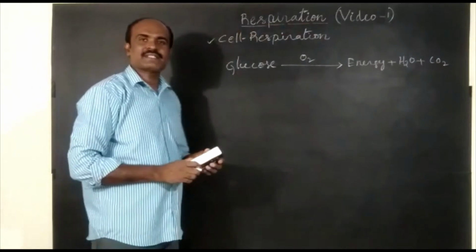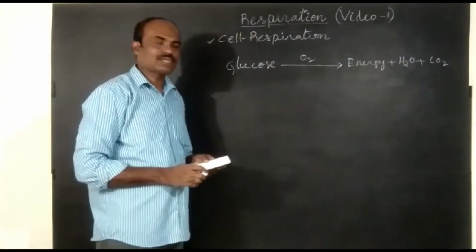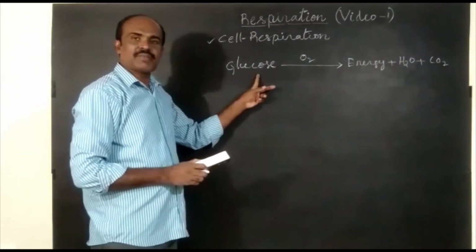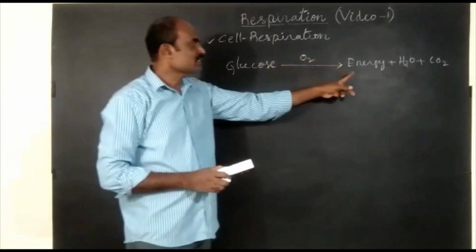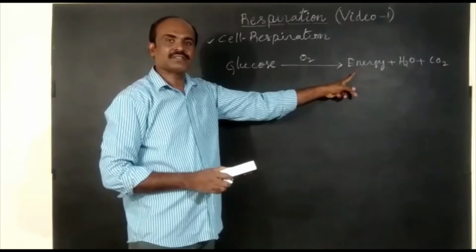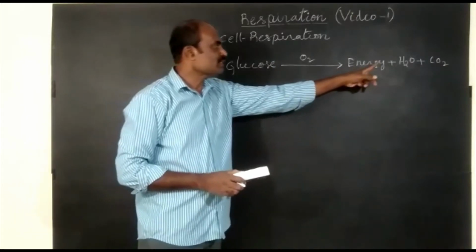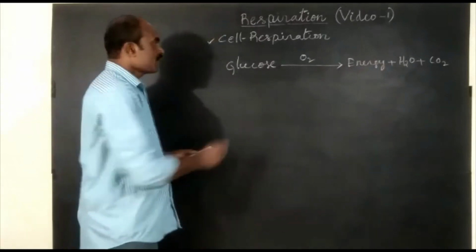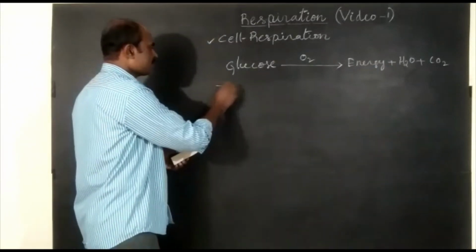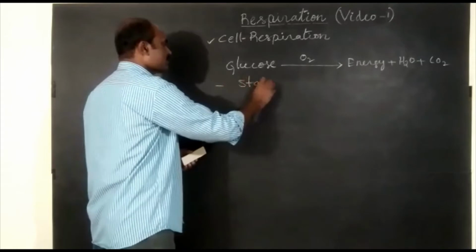So respiration is a physiological process in which glucose undergoes complete oxidation in the presence of oxygen. As a result, there is release of more energy, and in this process there is release of water and carbon dioxide also. Now let us understand stages of respiration.